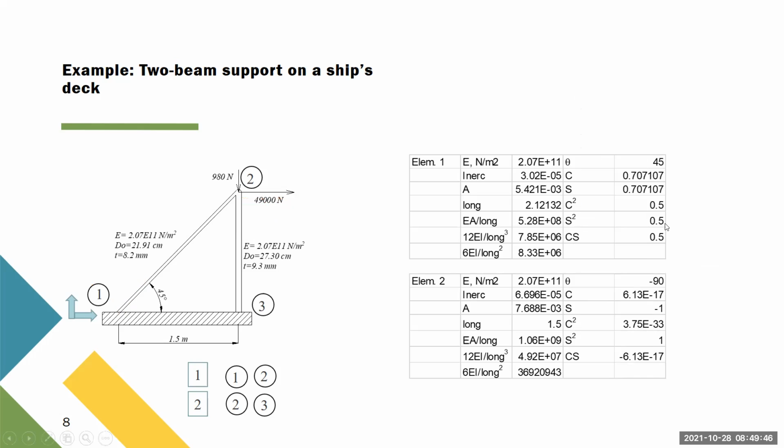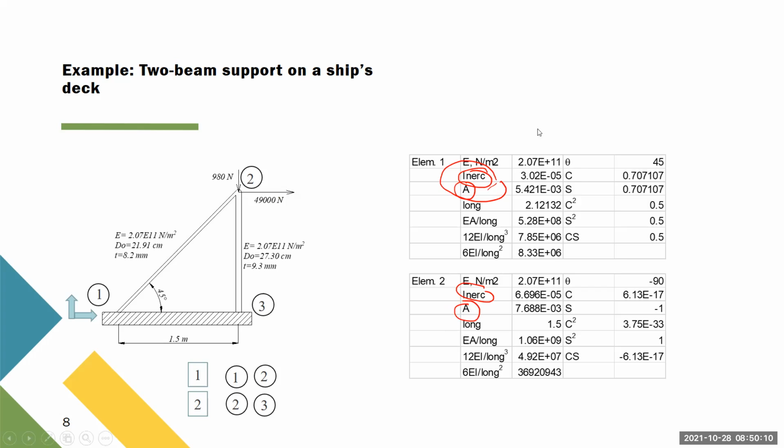Now, what is new is that here we have inertia and sectional area. That means that in both elements, we're going to consider in plane and also axial and bending effects.